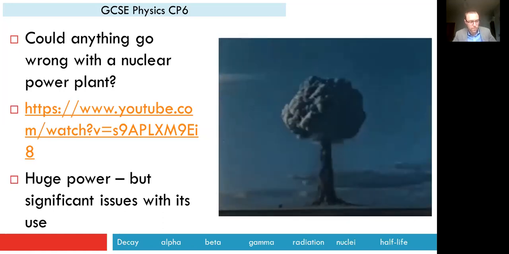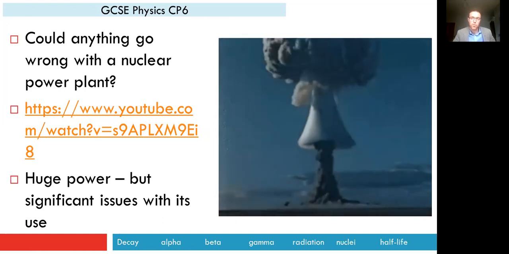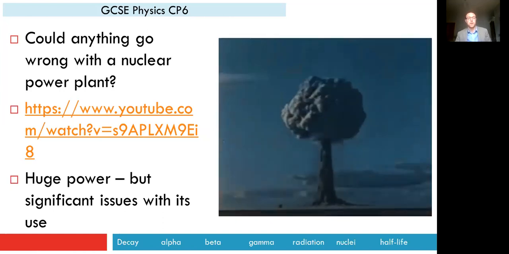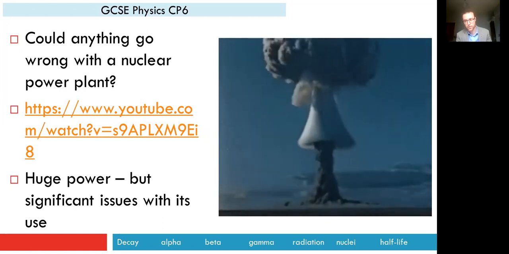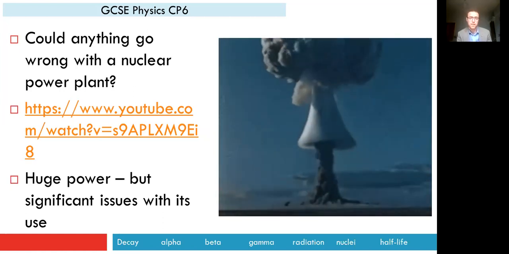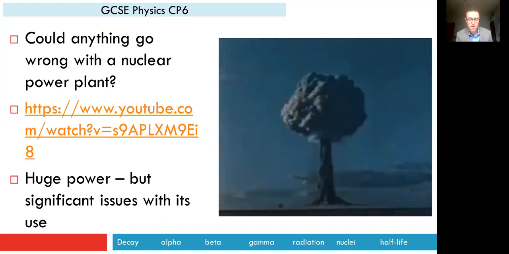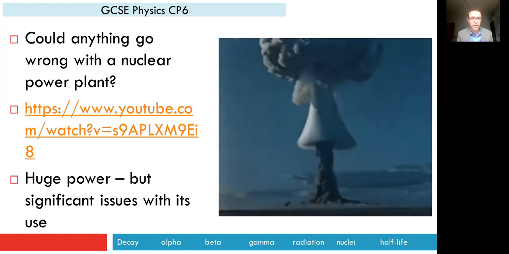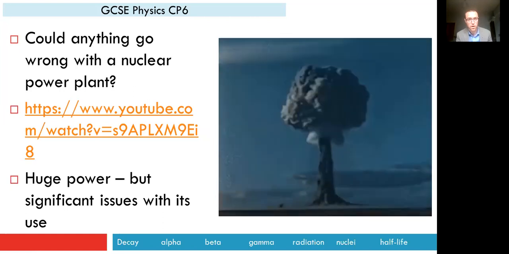The area around the Chernobyl nuclear power plant was abandoned during this nuclear disaster. It was evacuated because the surrounding area became so contaminated. It is still evacuated to this day. And the evacuation zone is more than 50 kilometers across.